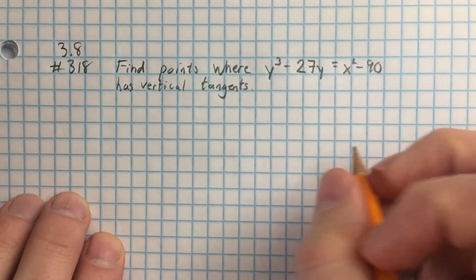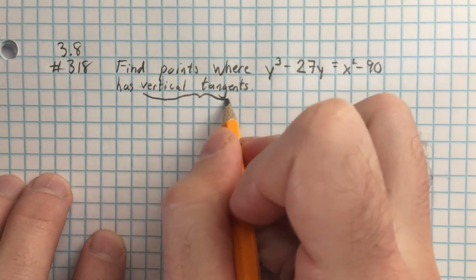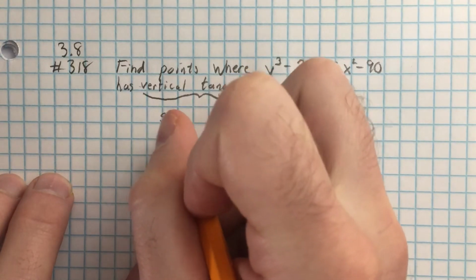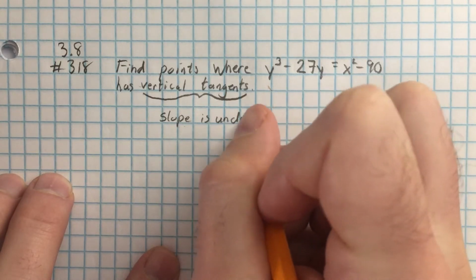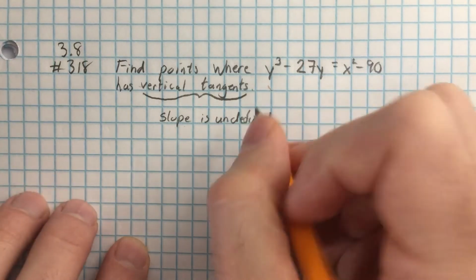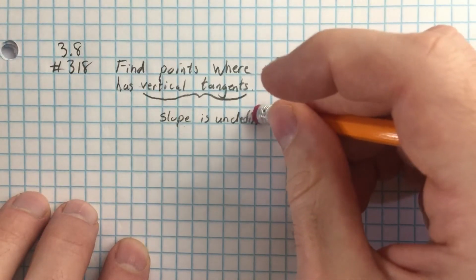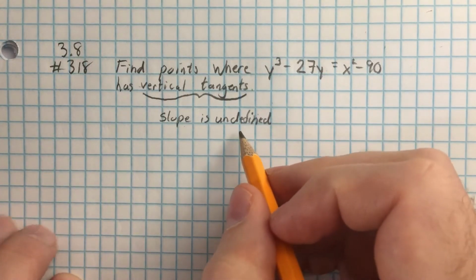Okay, a vertical tangent line, right? A vertical tangent line would mean that the slope is undefined. I described a while back that it really means, in some sense, the slope is infinite. But saying it's undefined is sufficient for these types of problems.